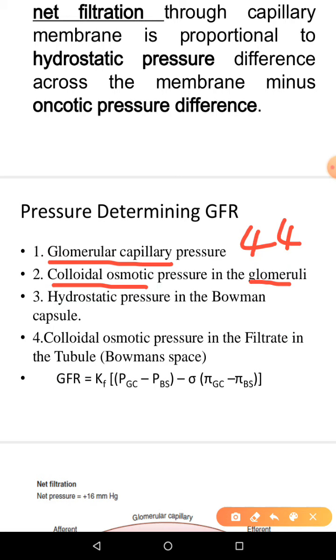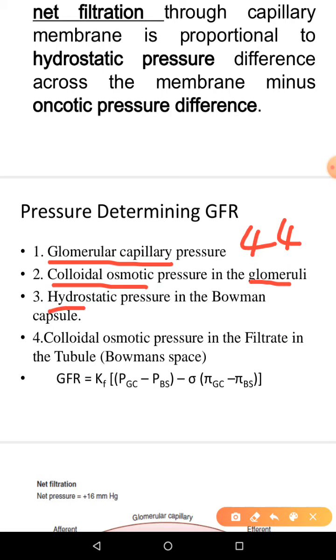Oncotic pressure does not remain constant along the capillary length. Rather, it progressively increases as fluid is filtered out of the capillary, and the oncotic pressure eventually increases to the point where net ultrafiltration pressure becomes 0. And then filtration will stop.